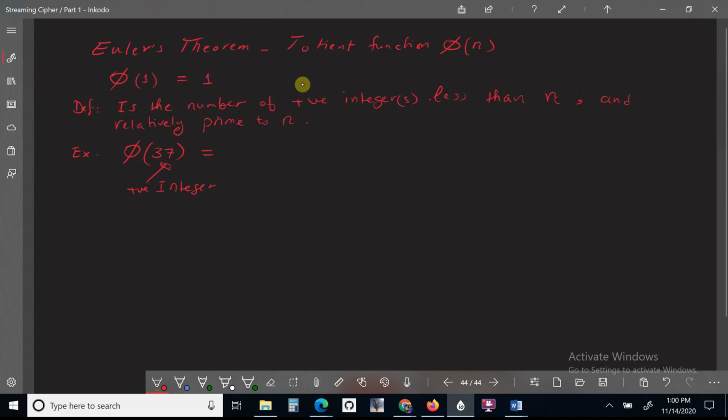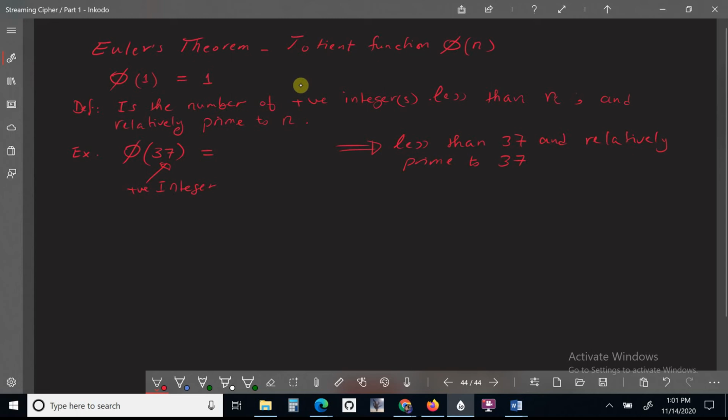We want to find all the numbers that are less than 37 and relatively prime to 37.